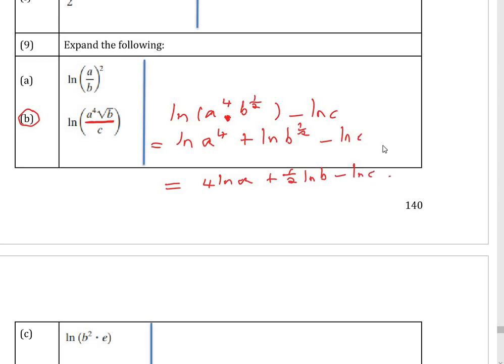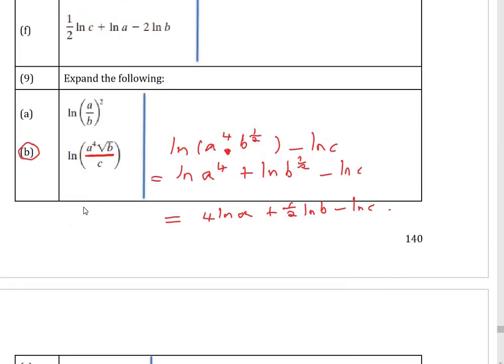And there I've got it in expanded form. Once again, you will have to be able to write a single ln as a single ln, and you will have to expand a single ln into its components. All right, so you can look at that.